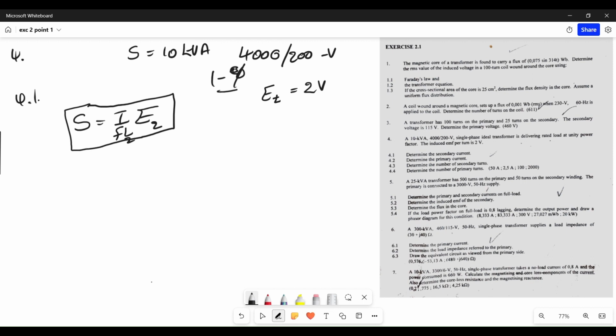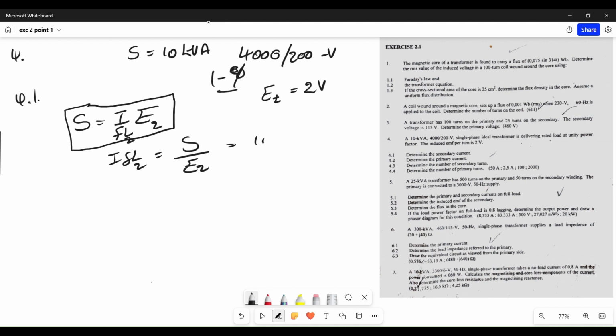Secondary current, full load. I'm saying full load because in question 4 we're told that a single phase ideal transformer is delivering rated load. Rated means full load, it's the same thing. So right now I'm going to make I full load the subject of the formula.